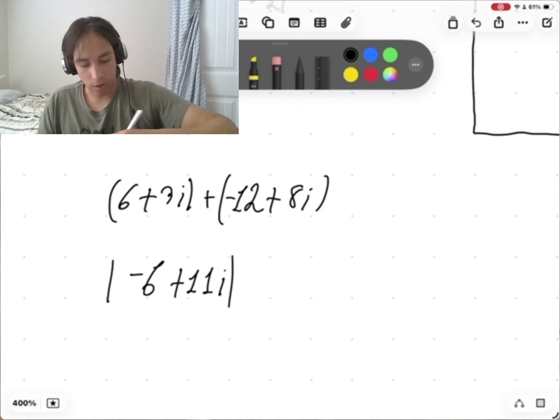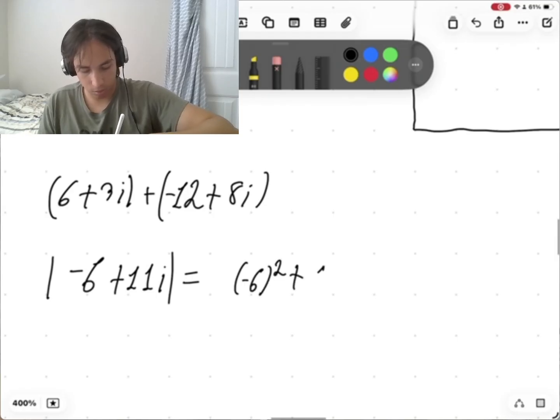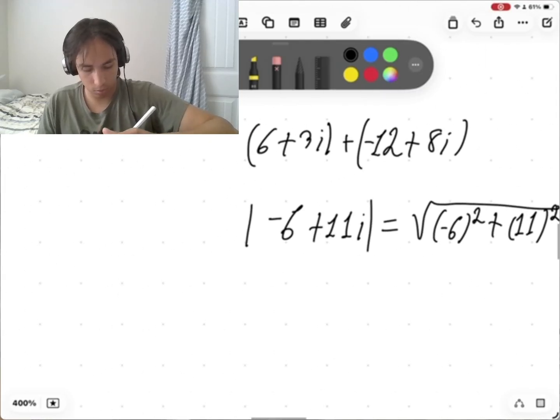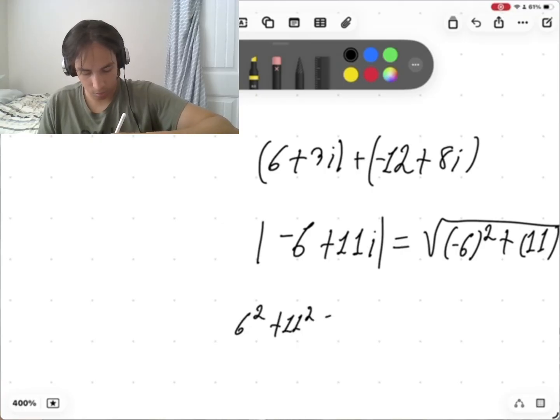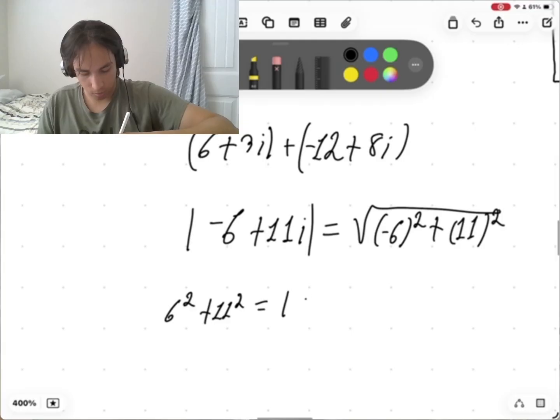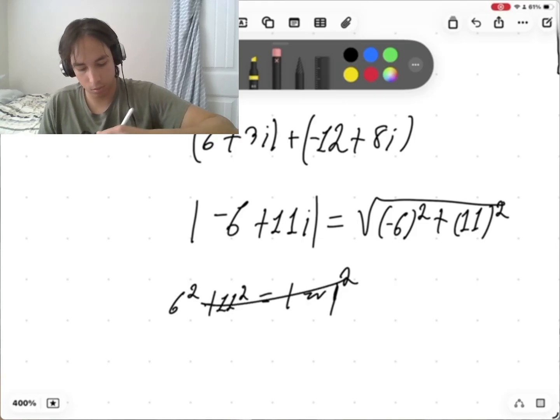To take the absolute value of it, we square both. We do -6 squared plus 11 squared, and we take the square root, because 6 squared plus 11 squared equals the magnitude squared. So if we take the square root, we get just the magnitude.